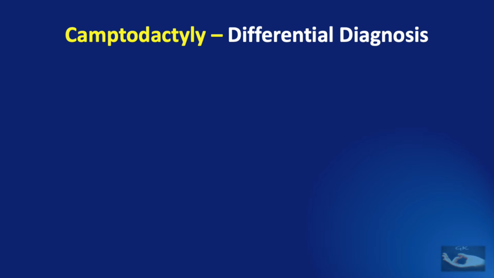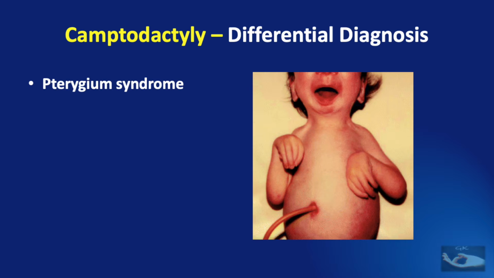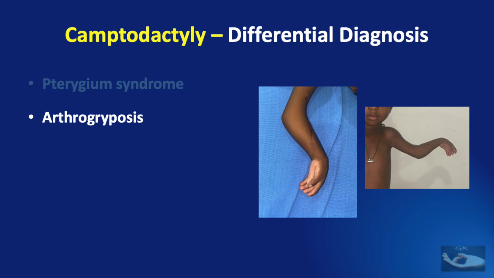But seeing a patient with a flexion contracture of the proximal interphalangeal joint itself does not warrant a diagnosis of congenital camptodactyly, because there are so many conditions that can have this problem. It could be a pterygium syndrome, where there are multiple pterygia, usually including the knee and the elbow, or arthrogryposis, where there is multiple joint involvement, waxy skin, underdeveloped musculature, and ulnar deviation of the digits.